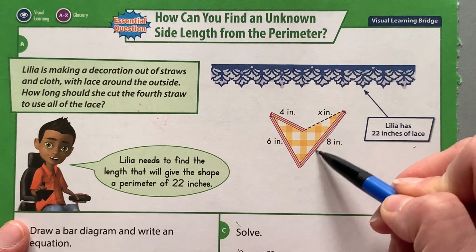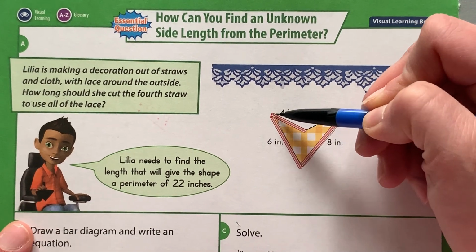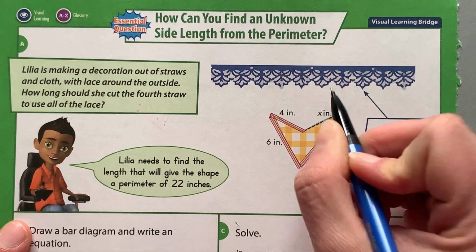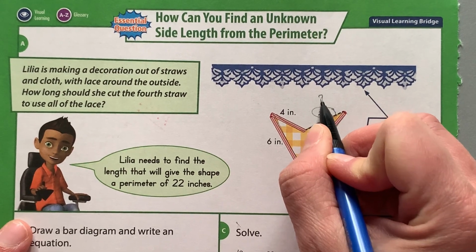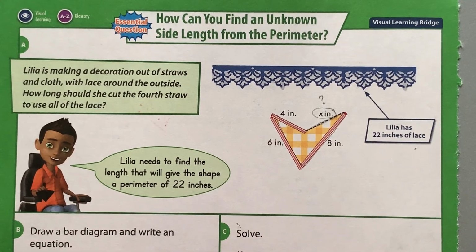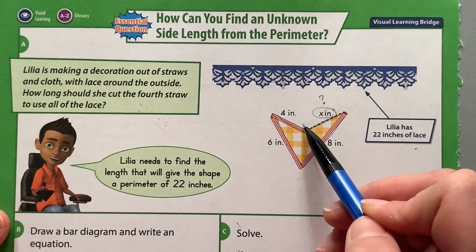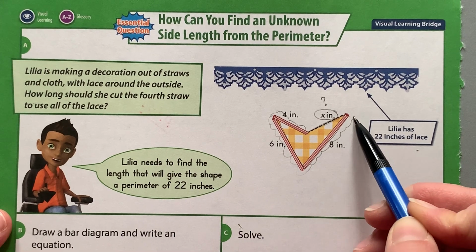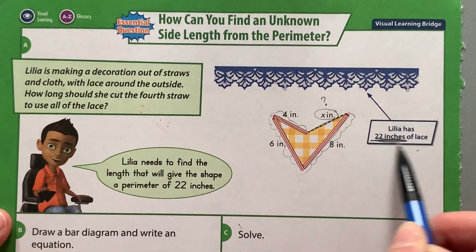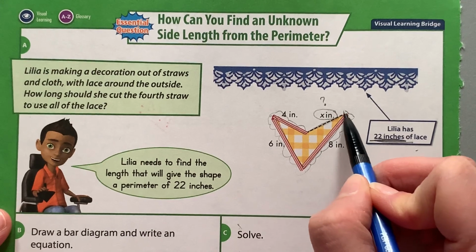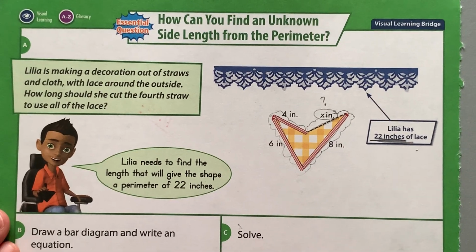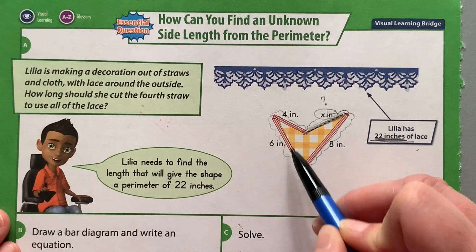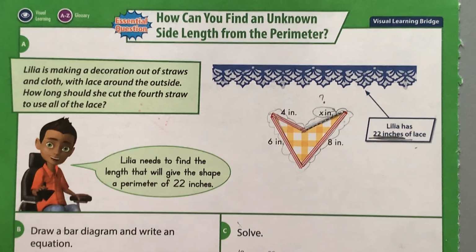So we have a straw here, a straw here, a straw here, and we don't know how long this straw should be. They give us an X, which is the same thing, remember, as a question mark. Then she wants to place lace all the way around the edge of this. And she has 22 inches of lace, but we can't forget this side. And so we need to find out how much lace is left for this side after she does it all the way around the rest of it.